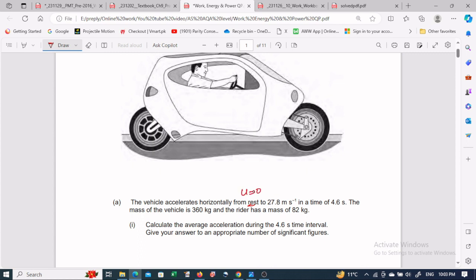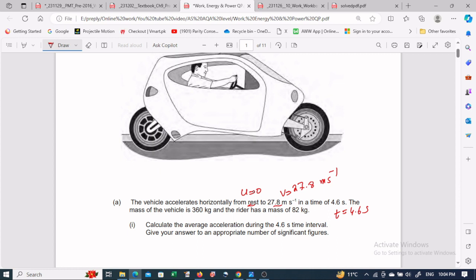Initial velocity is equal to 0, final velocity is 27.8 meters per second, and the total time is 4.6 seconds. The vehicle is accelerating horizontally, and its velocity increases from 0 to 27.8 in 4.6 seconds.